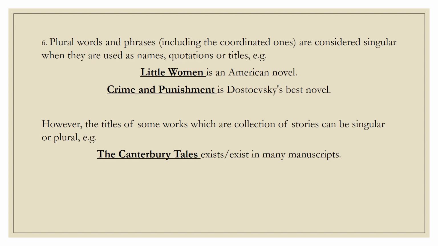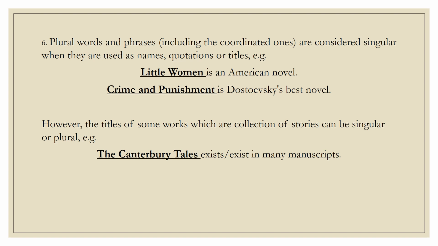For example, when I say "Anne and John are coming," my subject is Anne and John. Are they one person? No, they are two. So I am considering my subject as plural and using with it a plural verb, "are coming."